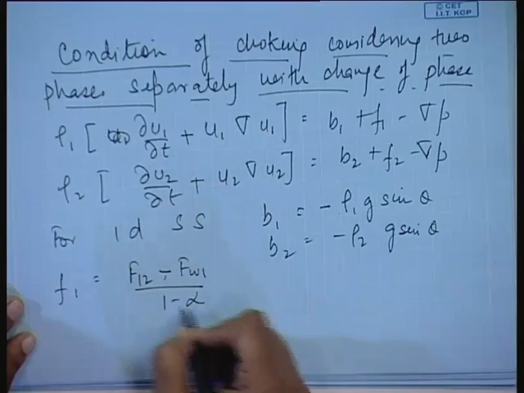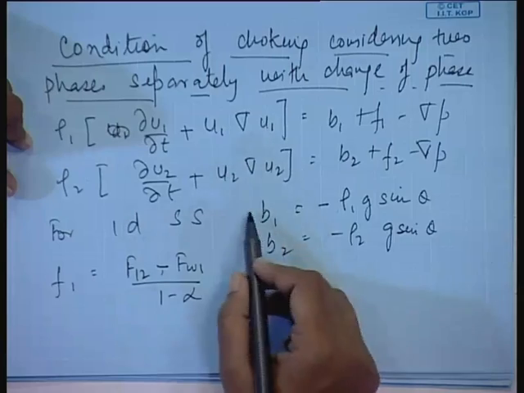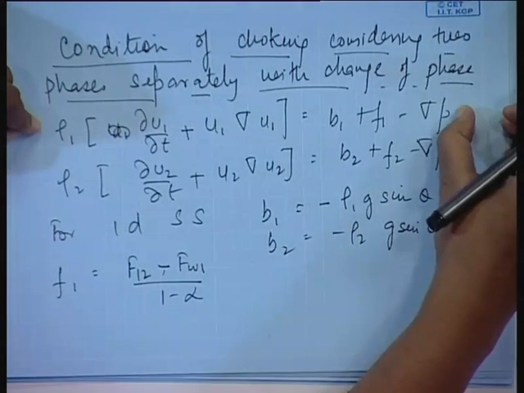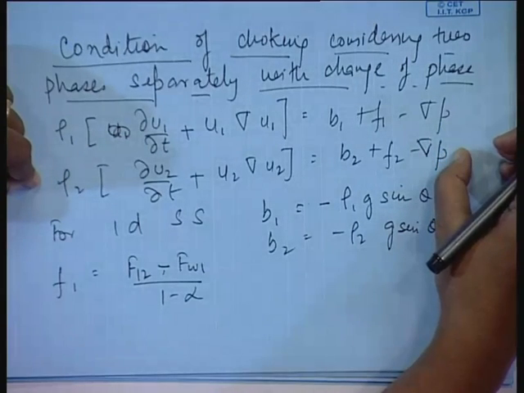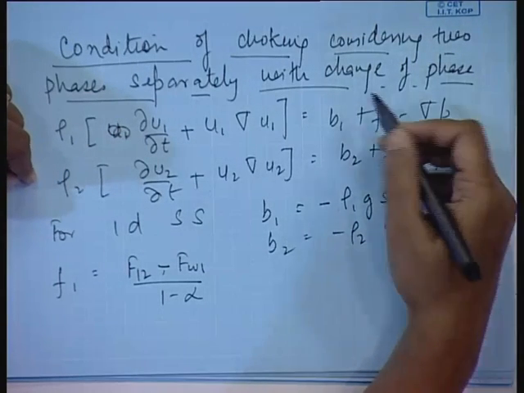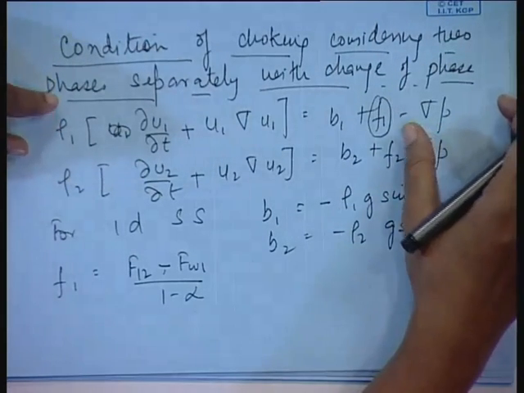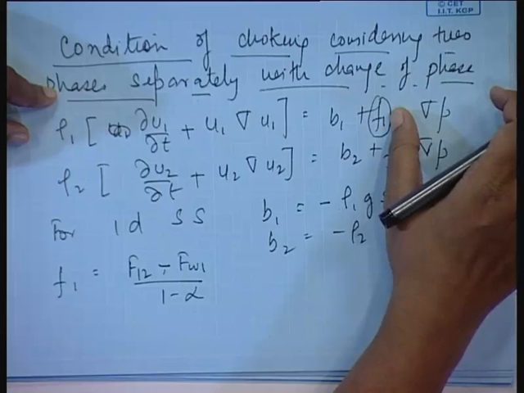Why did this come about? Somebody had asked me this question. This was because this entire expression is written for unit volume of fluid 1, and this is written for unit volume of fluid 2. So, this F1 refers to the leftover forces per unit volume of fluid 1.